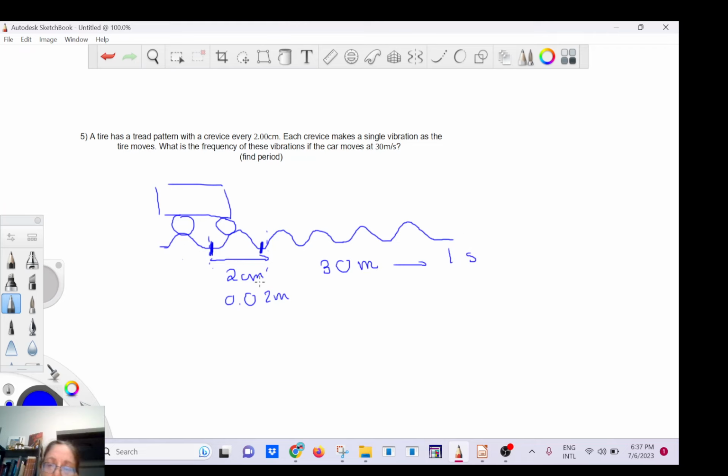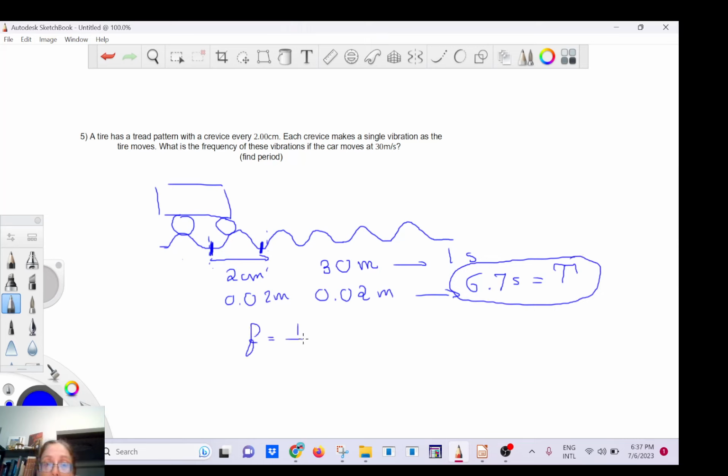Okay. So if you have 0.02 meters, how many seconds is it going to take? It's going to take 6.7 seconds. So that's going to be the period. So the frequency is 1 over the period. So it's going to be the number of cycles per second.